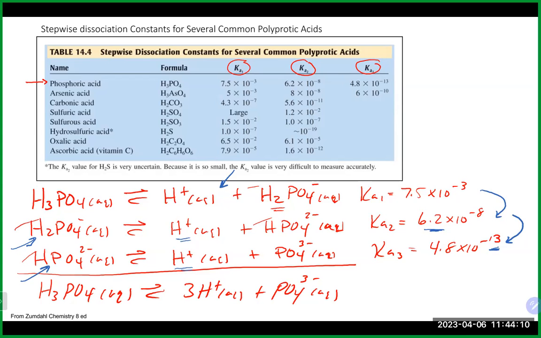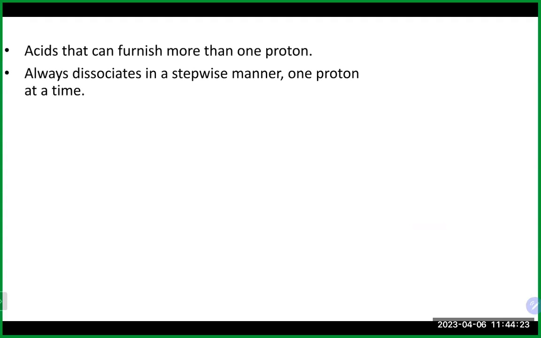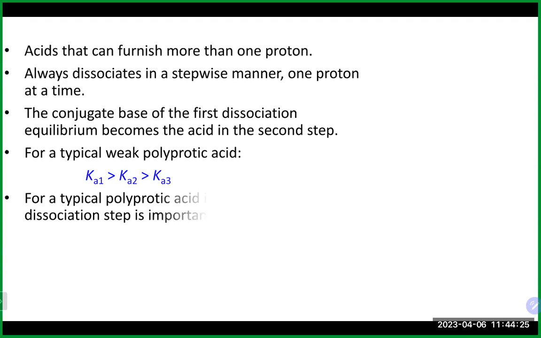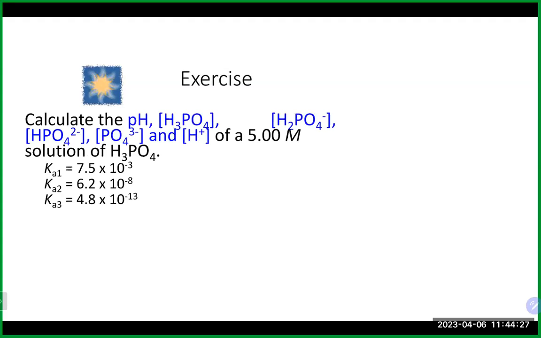All right, but let's take a look at an actual problem where we do some calculations here of, say, the pH and everything else involving phosphoric acid, since we just wrote out all those equations. So in this particular problem, we want to calculate the pH of a phosphoric acid solution that is 5 molar.